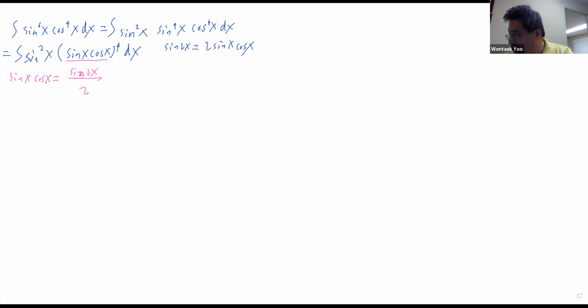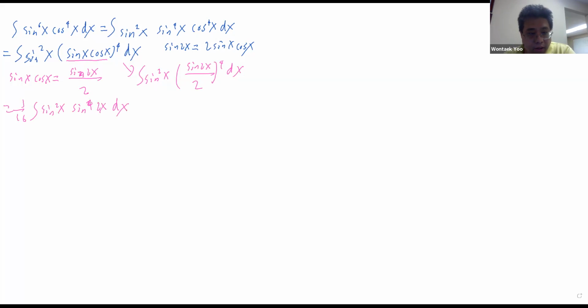Using the substitution, we can rewrite this as the integral of sine squared x times the quantity one half sine of 2x to the fourth power dx. So we get the 1/2 to the fourth power out. 2 to the fourth power is 16, so this is equal to 1/16 integral of sine squared x times sine to the fourth power of 2x dx.